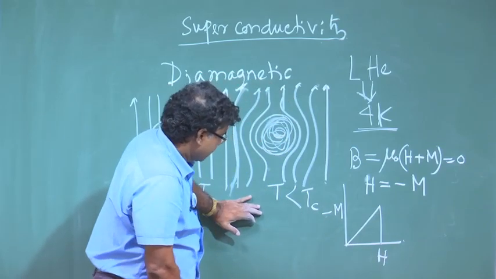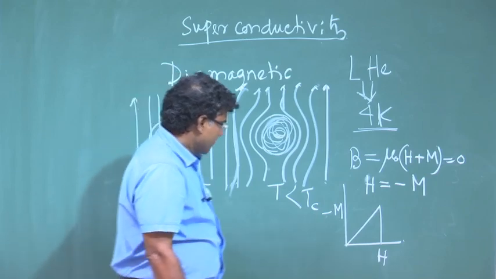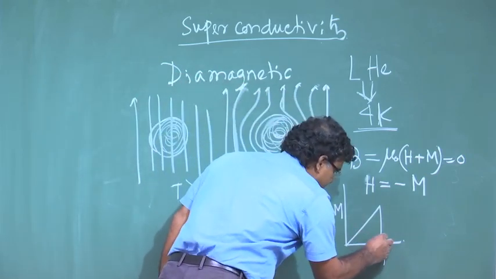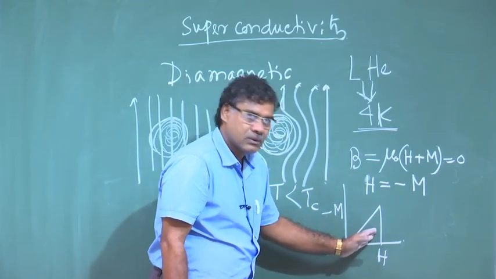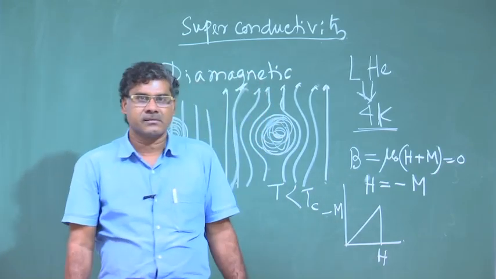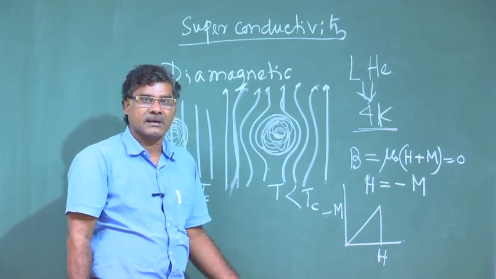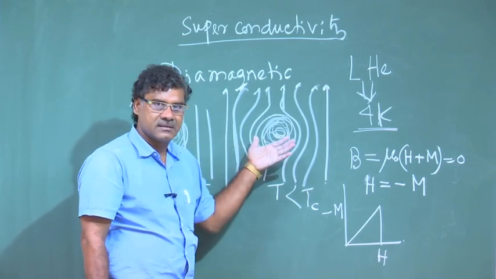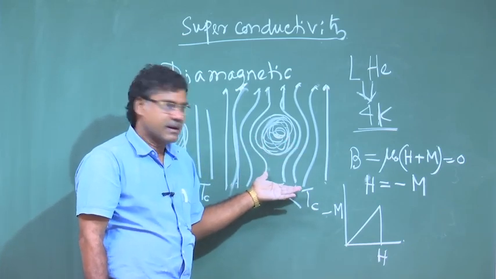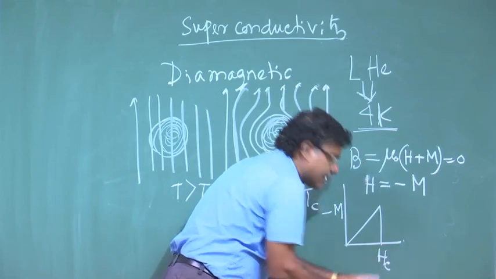So, in this case, there is a critical field for the superconductor when temperature is T equal to 0, and this is the highest magnetic field, the critical field.